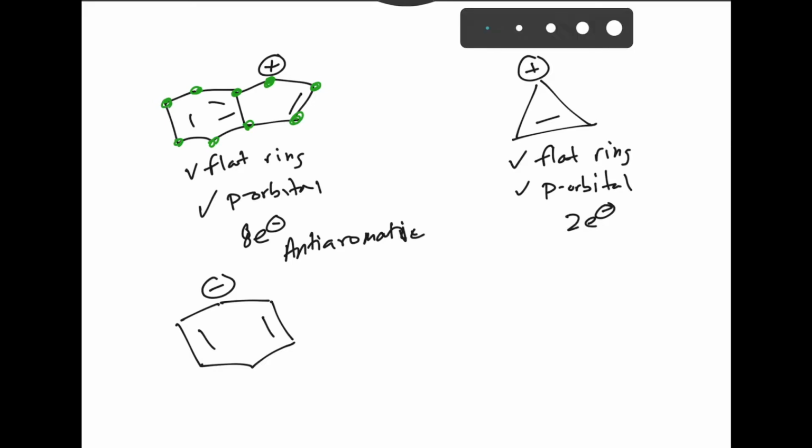So everything has a p orbital, right? Is 2 a 4n plus 2 number of electrons? Yes, when n is 0, that equals 2. So this is a 4n plus 2 number of electrons. So this is aromatic.